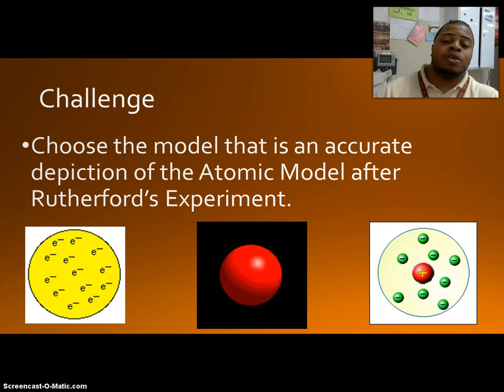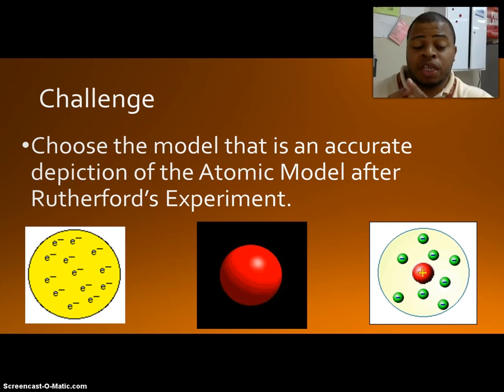Which one is the model that was used after Rutherford's experiment, based on the information that we have thus far? Go ahead and write this and draw a picture of the one that you choose in your notes. And when you come into class, we'll have a little discussion and see what everybody's finding and what's going on in your minds, and see how we can tweak and make sure everything is solid.